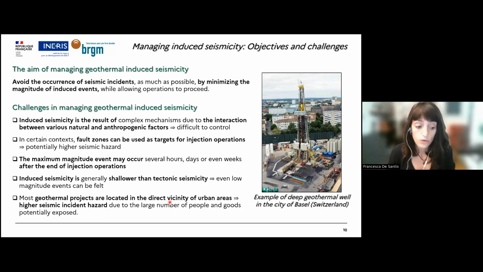Also, geothermal wells are generally located very close to urban areas, so we have larger people and infrastructure which are exposed to seismic hazard. And also the fact that in geothermal, induced seismicity can occur several hours, days, or even some weeks after the end of the injection operations.